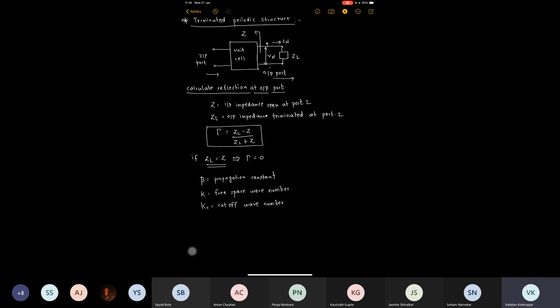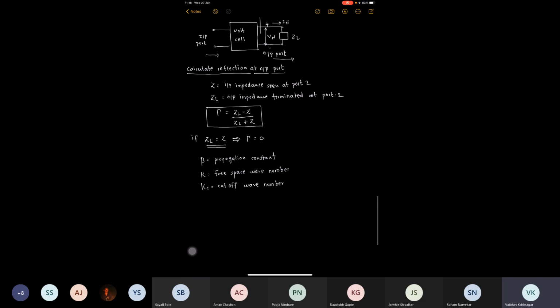So how can we establish a relationship between these parameters of the waveguide? The relation we already know is that the propagation constant beta is equal to the square root of k squared minus kc squared.